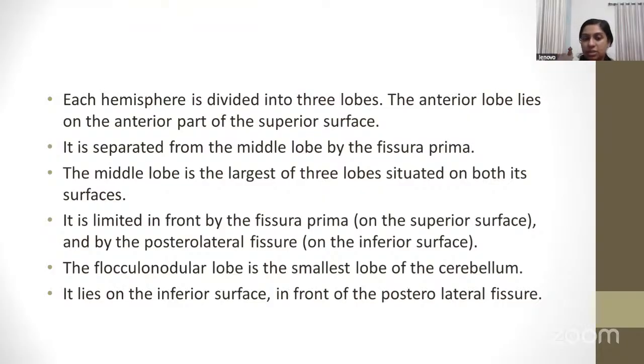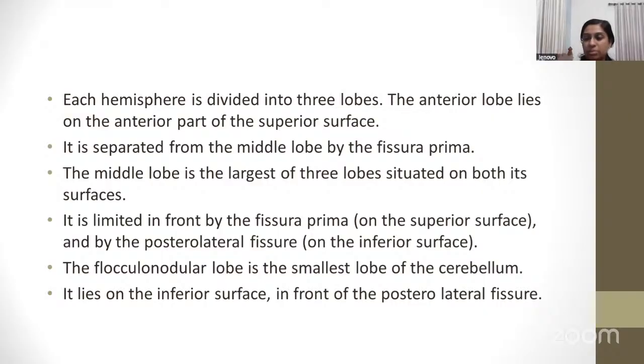Though it is called the posterolateral fissure, this is due to the folding of the cerebellum. In order to accommodate the different parts of the brain in a small cranial cavity, the various parts of the brain undergo folding during development. The cranial cavity is not in accordance with the size of the brain, so to fit the brain within the small cranial cavity, the parts of the brain have to undergo folding.